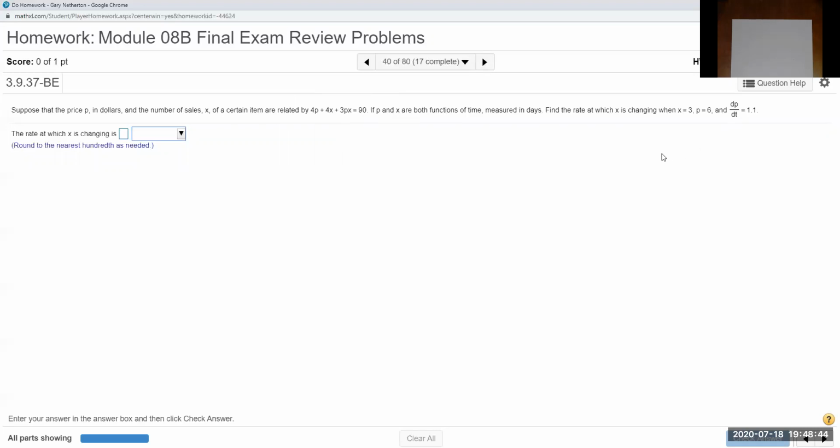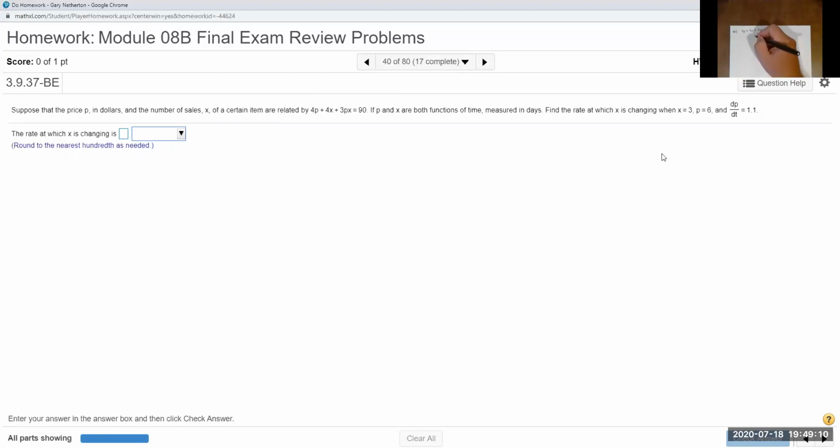So we write down this information. This is number 40. The equation is 4p plus 4x plus 3px equals 90.